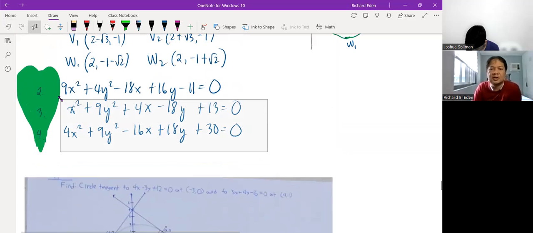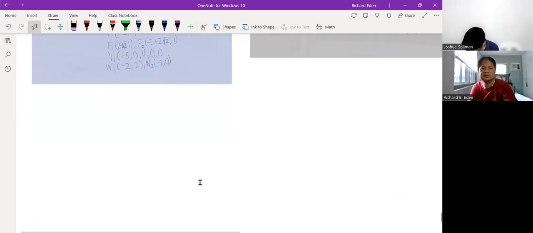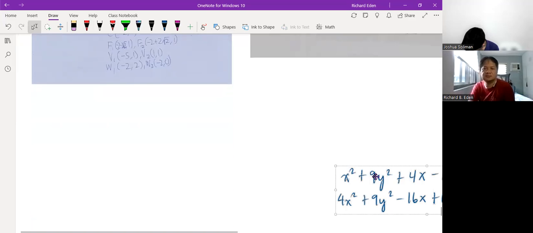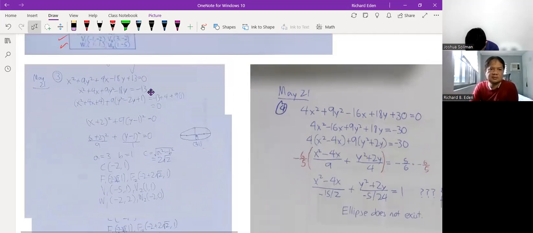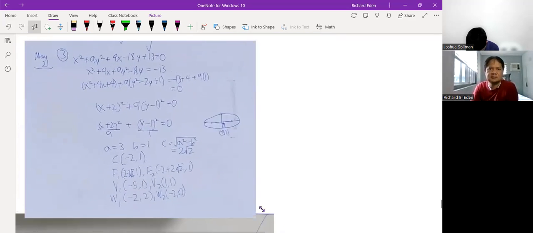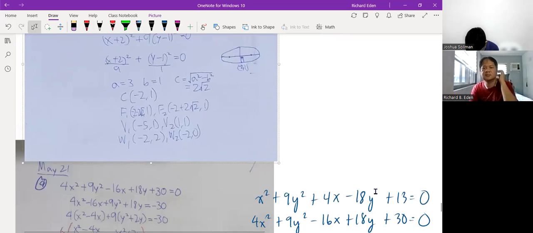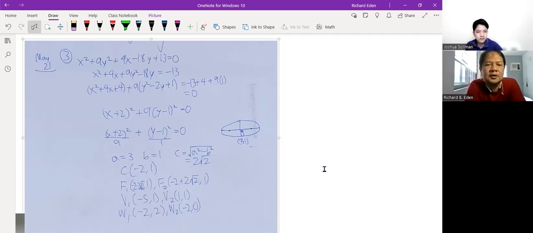Copy and paste, so I don't have to keep on scrolling up and down. Third: 9y squared, 4x minus 18, y plus 13. So 4x negative 13, 4. So 0.